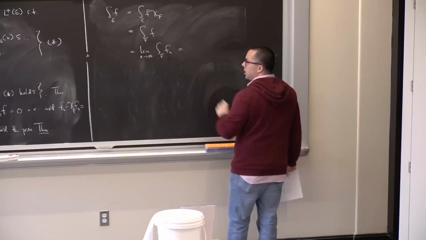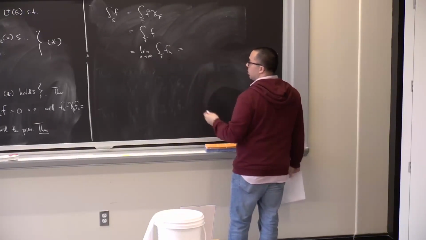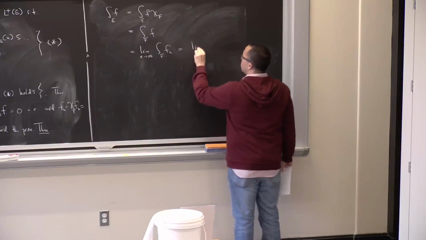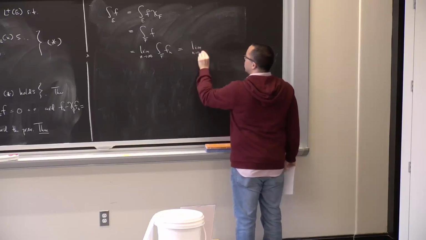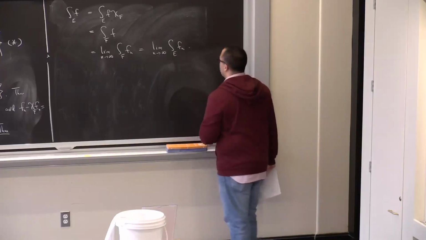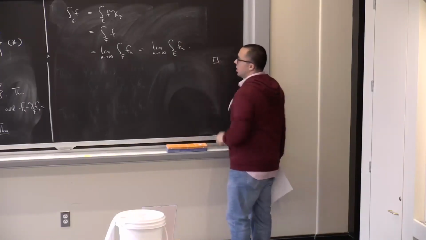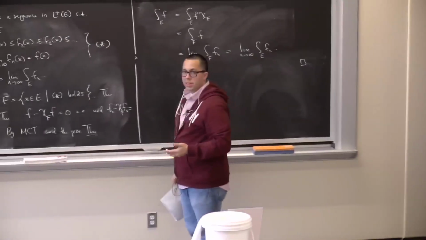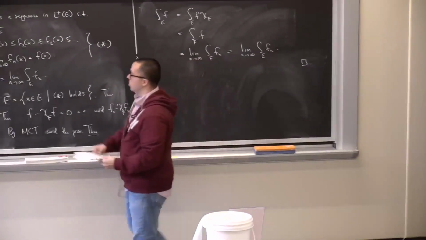Although maybe I didn't state that, I just stated the less than or equal to, but if they're equal almost everywhere, they're less than or equal to each other almost everywhere. Anyways, back to this. This is equal to the limit of the integrals of f n. Okay. So the whole point is that sets of measure 0 don't affect statements that involve integrals.